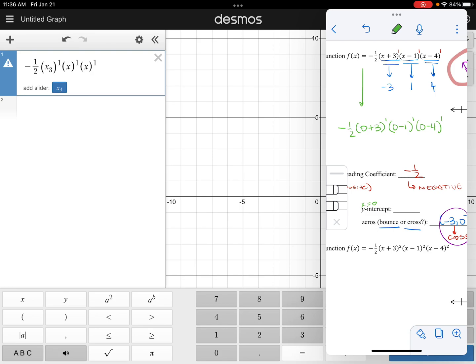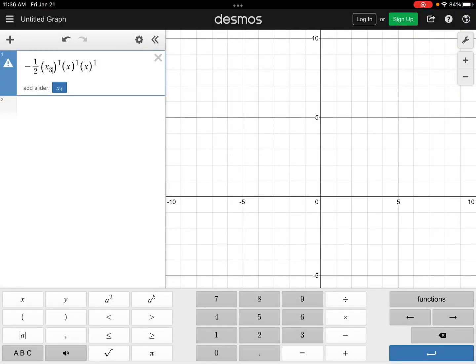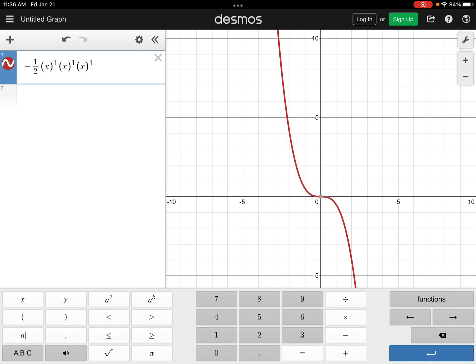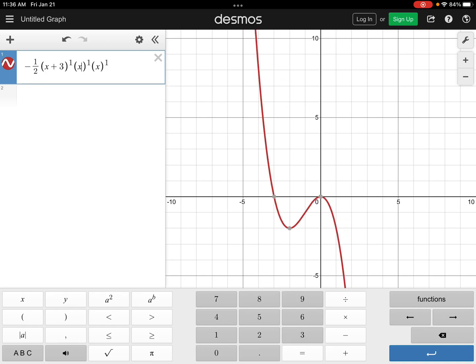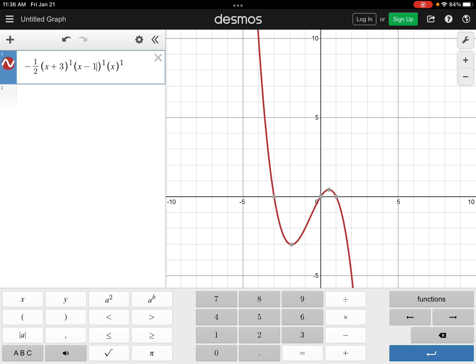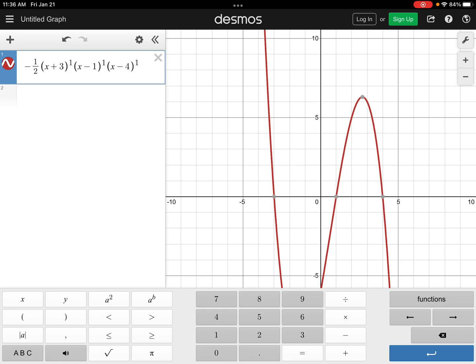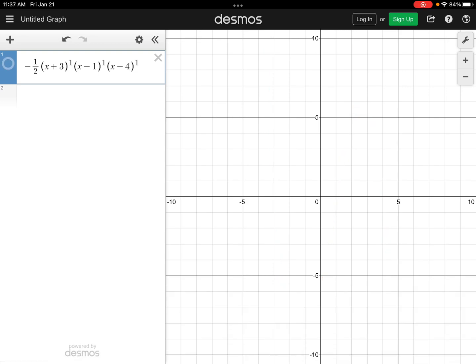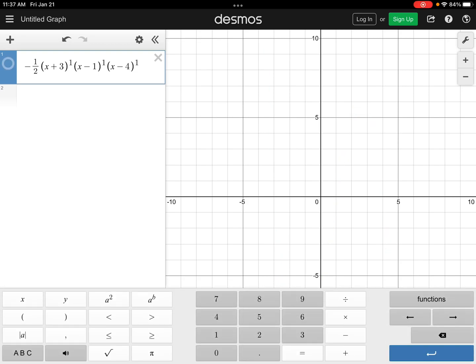So 3, -1, -4. If I do that, I should put these in as zeros.